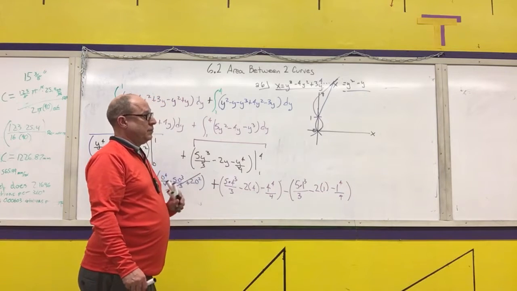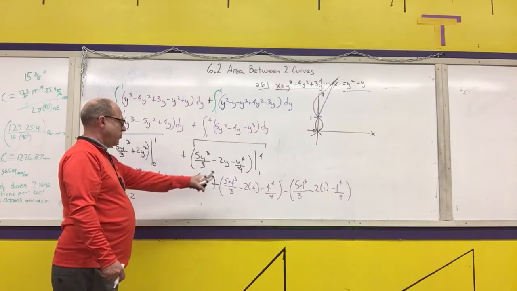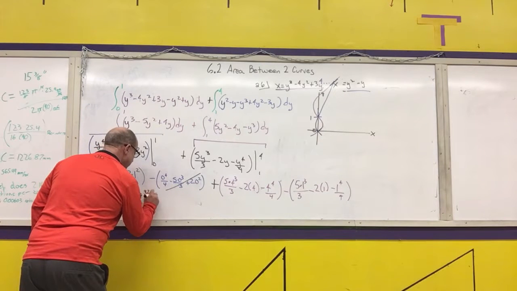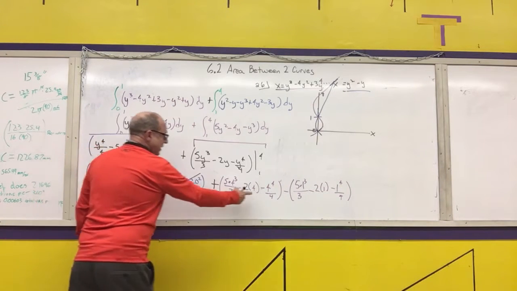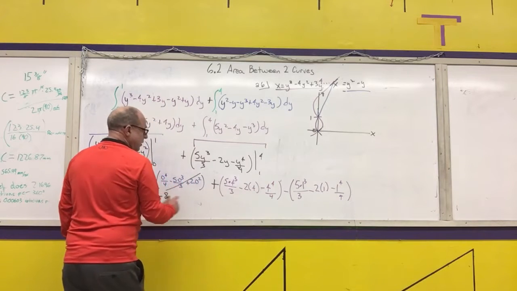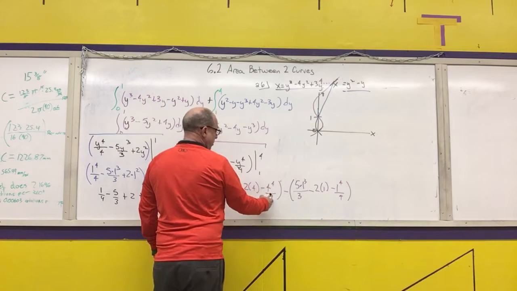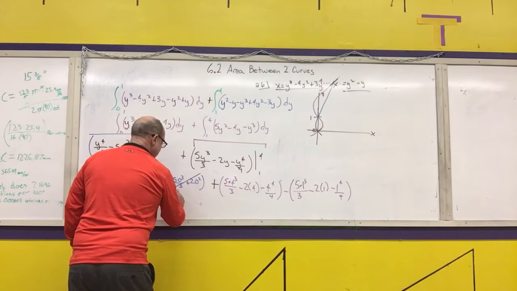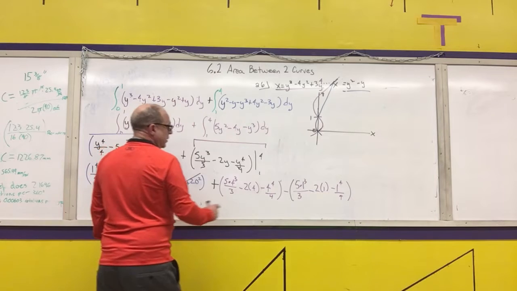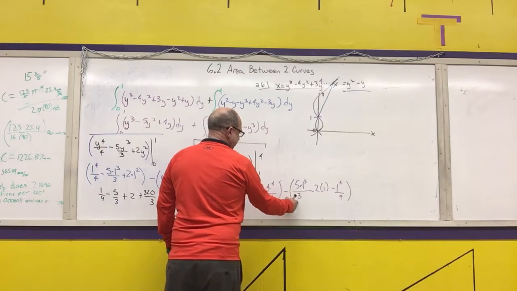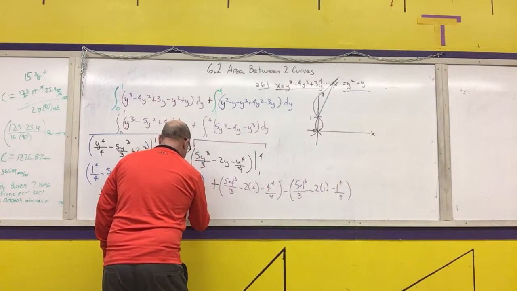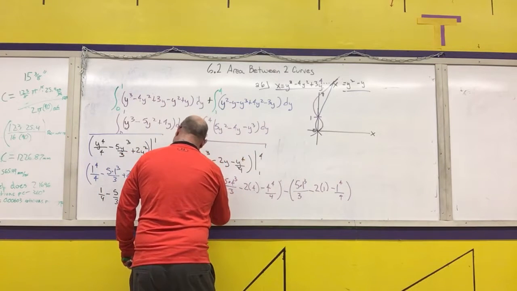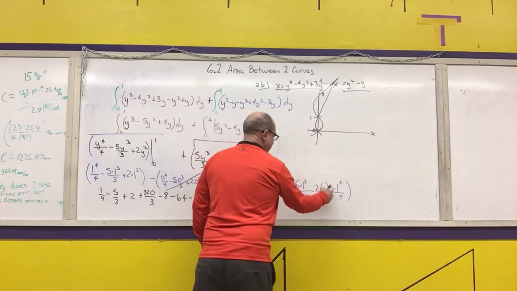So 64 times 5 would be 320 thirds. Minus 8. 4 to the 4th over 4 is 4 cubed, which would be 64. So it's a minus 64. This would be a minus 5/3. This would be a plus 2. And this would be a plus 1/4.